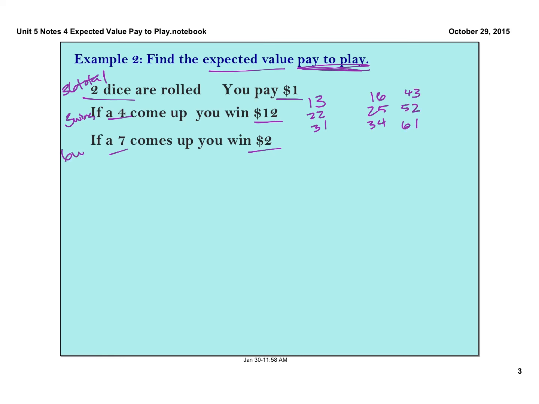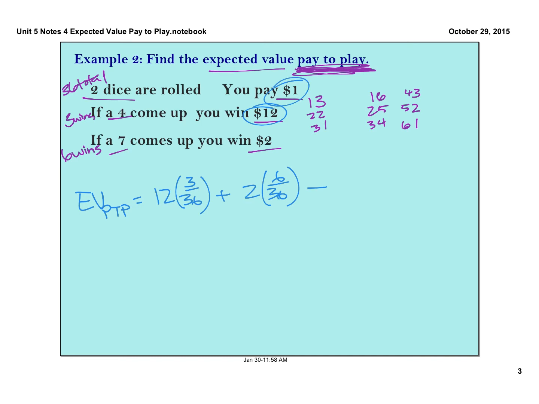So 6 wins. And again, when you're doing pay to play, the money's automatically gone. Paying to play means your bet amount is gone. So you don't care about the probability of losses here because you're going to lose that money no matter what. So expected value pay to play, that is $12 payout for 3 out of 36 wins, plus a $2 payout for 6 out of 36 wins, minus your pay amount, which is $1.